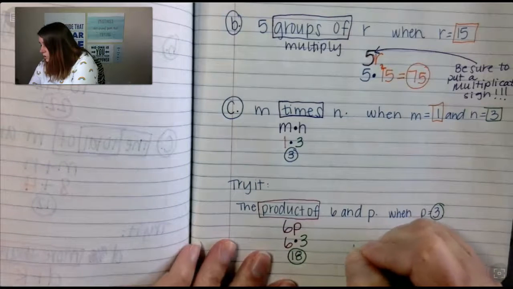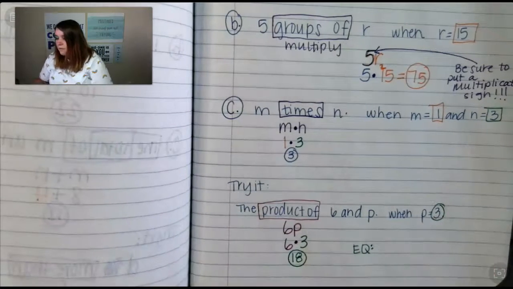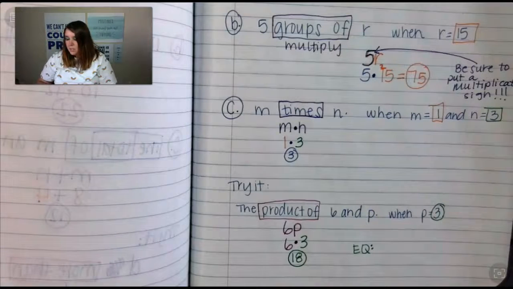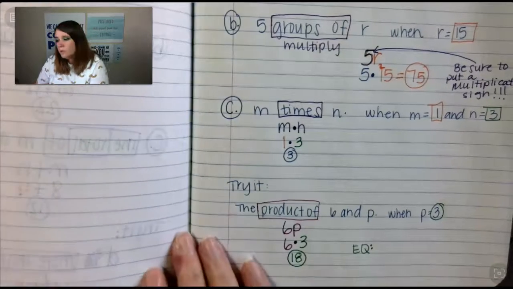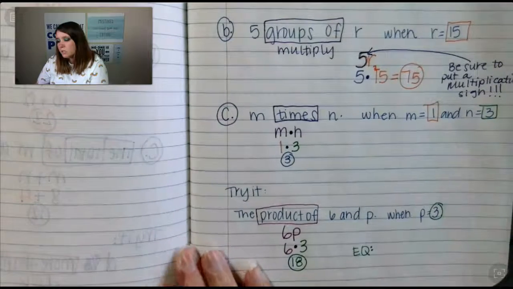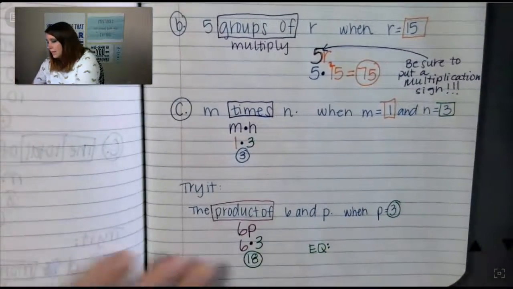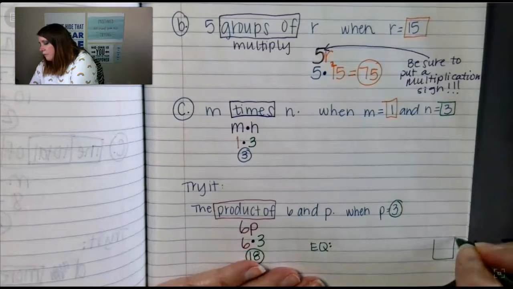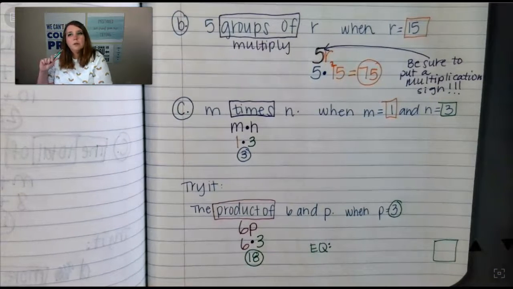Over here, I want you to answer your essential question. How do you evaluate expressions with multiplication? Go ahead and fill that out right here. And then rate yourself. 1, I don't know what's going on with multiplication.